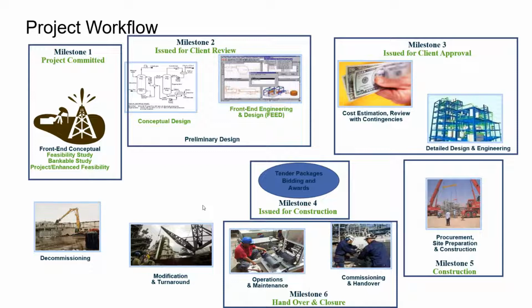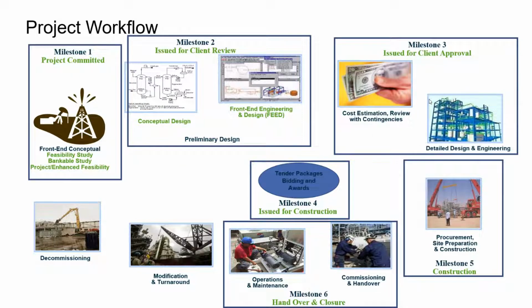So from front end engineering, then going to the issuance or the initial conceptual design, then purchasing or cost estimation, where you have the initial estimation of the cost or initial order of your purchase order.